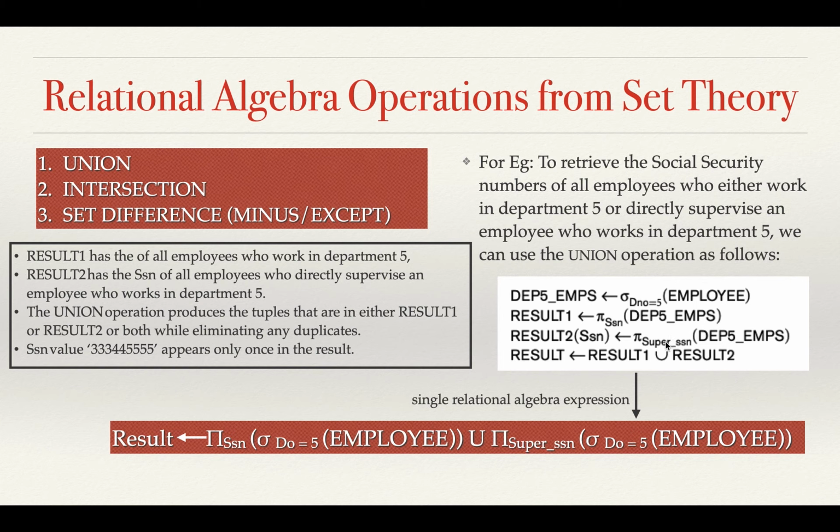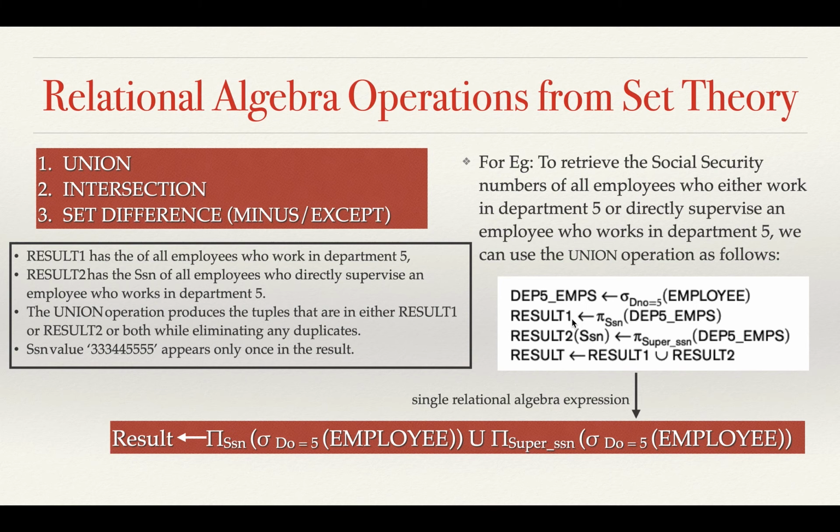One of the attributes of the employee is who is the supervisor for that particular employee. So pi, that is the project operation, will return only the attribute super SSN, and that is saved in result 2. Okay, and the attribute is renamed as SSN.